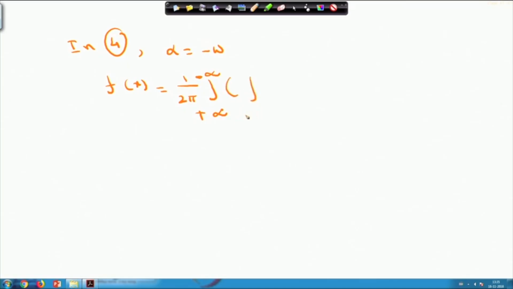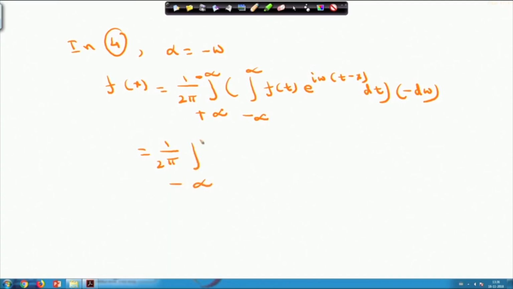This one is the integral from minus infinity to infinity of f(t) e^(i omega (t minus x)) dt into minus d omega. If I change the limits again, 1 by 2 pi, integral from minus infinity to infinity, minus infinity to infinity of f(t) e^(minus i omega (x minus t)) dt d omega.